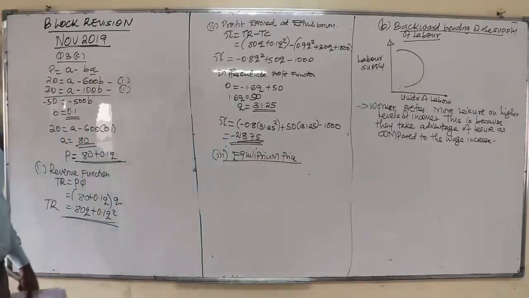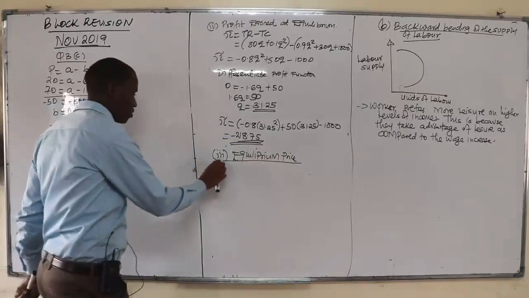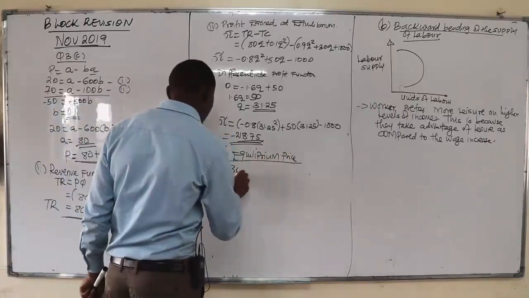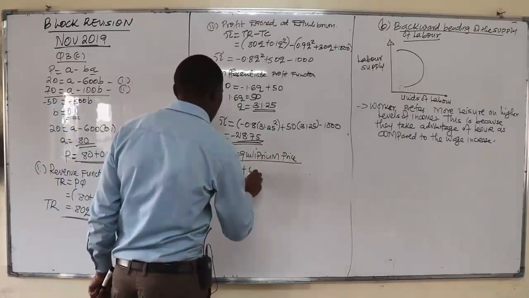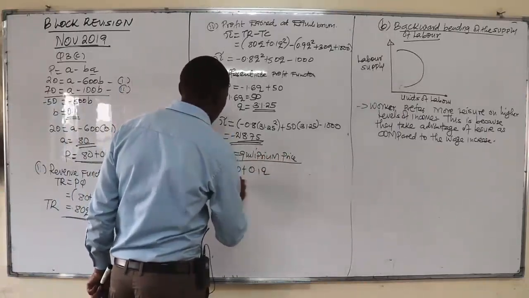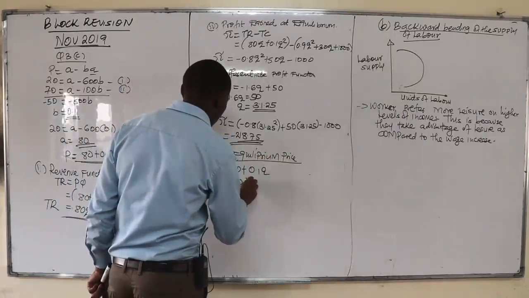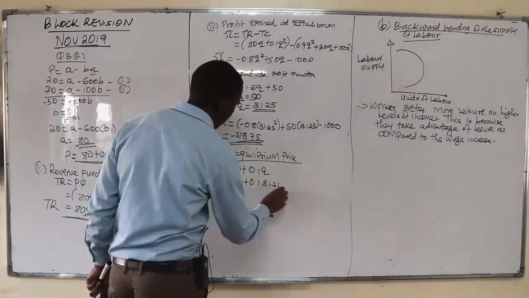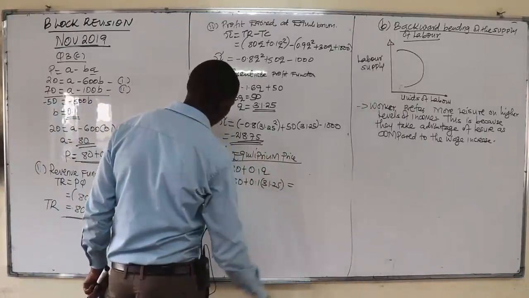We know P is equal to what? Price, we said here, is 8 plus 0.1 Q. So 8 plus 0.1 Q, how much was it? That 1.25. Giving you how much?